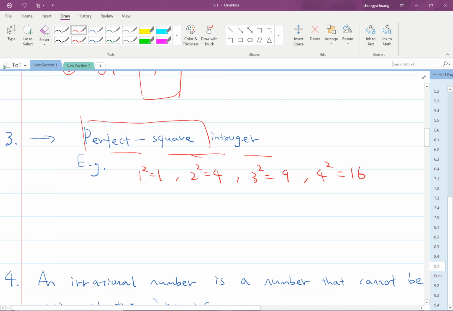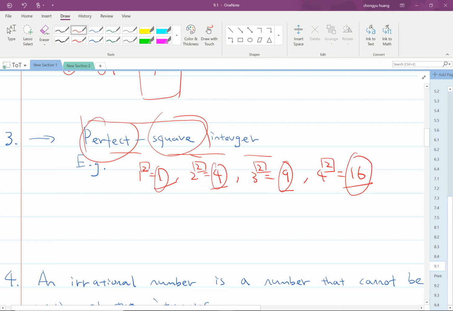As you can see, everything over here is a square, and they are integers. So the perfect square integers represent 1 and then 4 and then 9 and then 16.